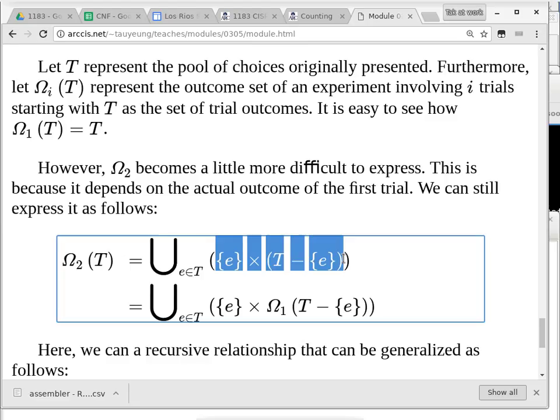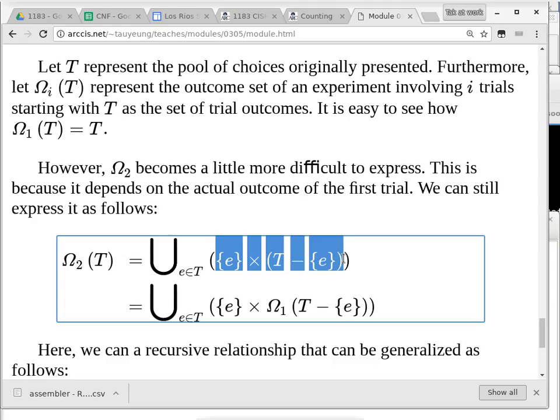E is representing the outcome of the first trial. And then the Cartesian product is how we connect an outcome of one trial with the outcome of the second trial. Okay, because the result of a Cartesian product is a set where every element is a tuple, where ordering is important.